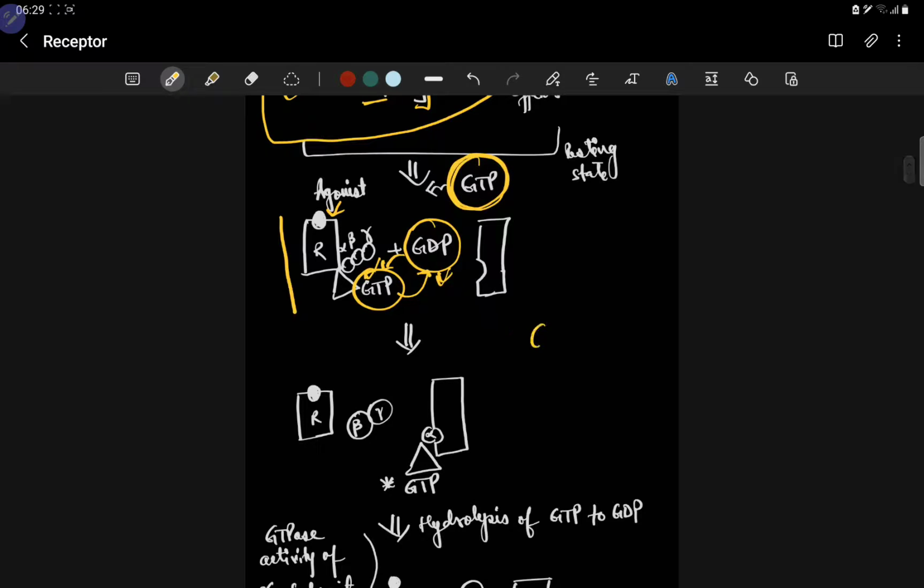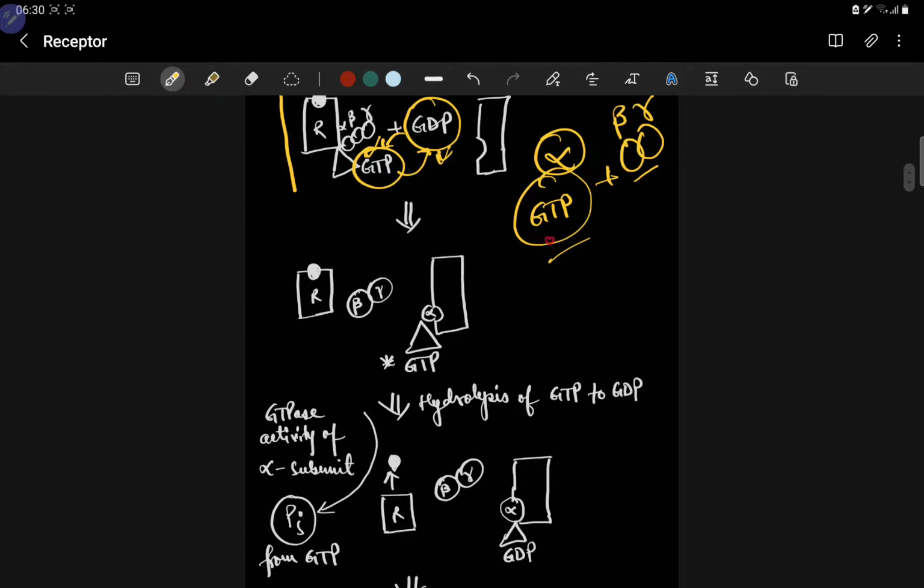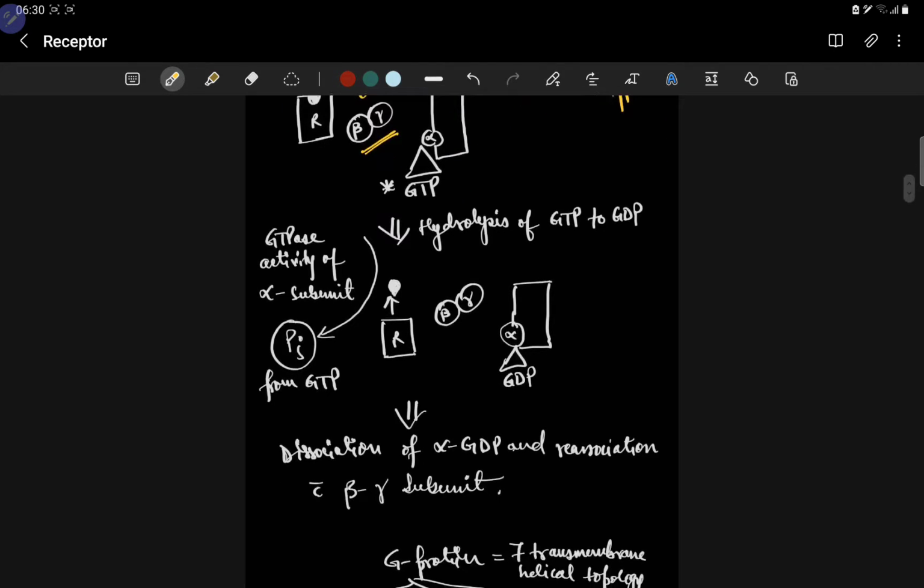The GTP with the alpha subunit leaves the beta and gamma subunits. Then it will bind to the effector, as you see over here, and the beta and gamma subunits are separated.